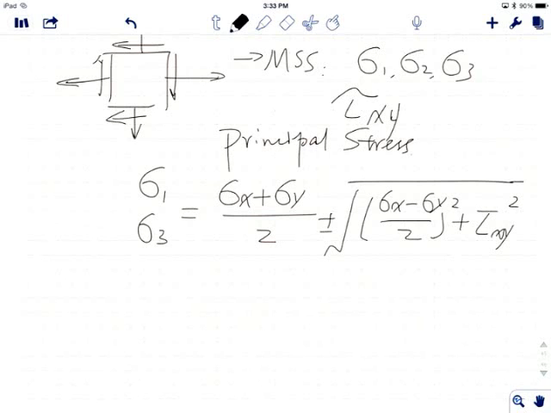Alright. Whatever is on the right hand side of this equation is the stress state I gave you, right?